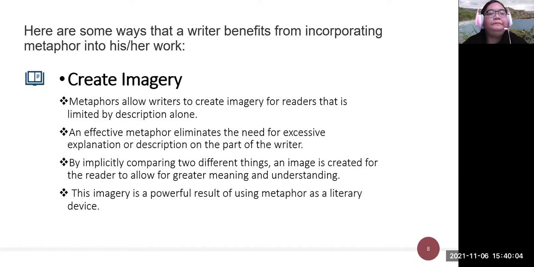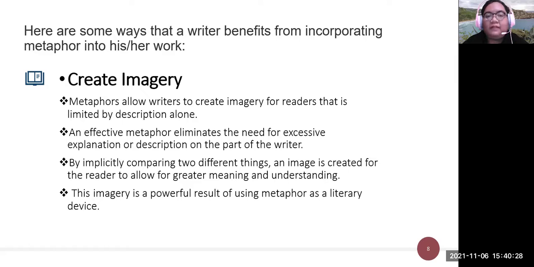Now, there are some ways a writer benefits from incorporating metaphor into his or her work. First, it can create imagery, as I said. Metaphors allow writers to create imagery for readers that is not limited by description alone.